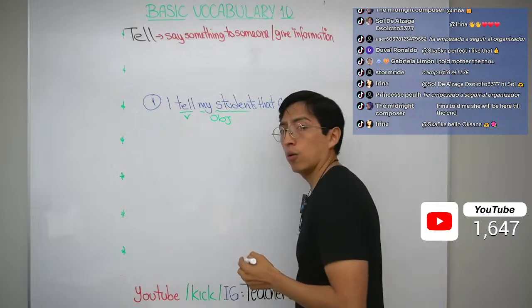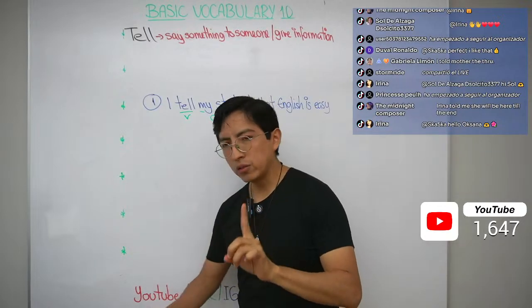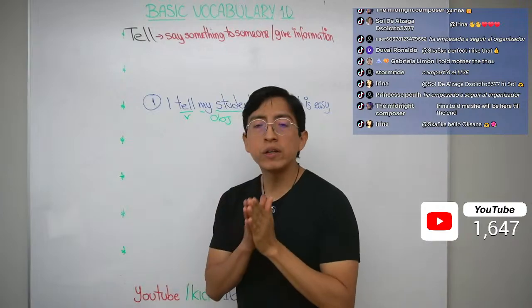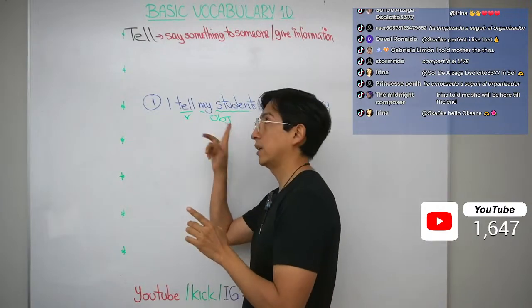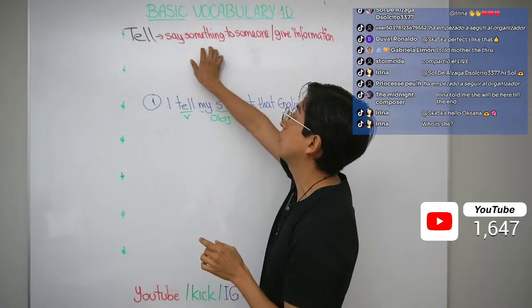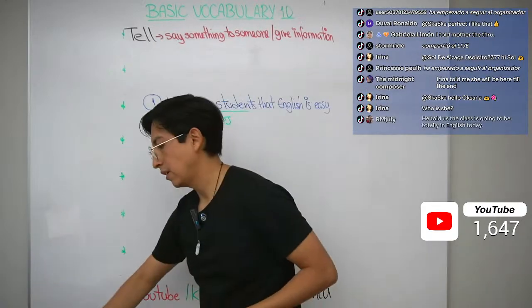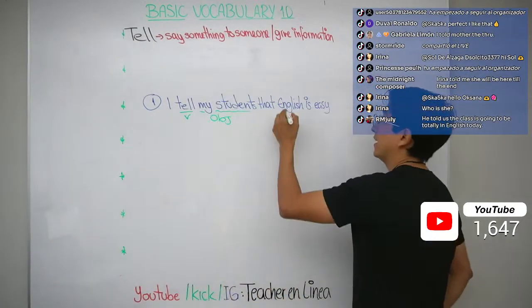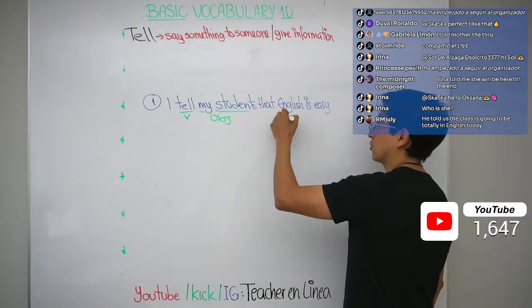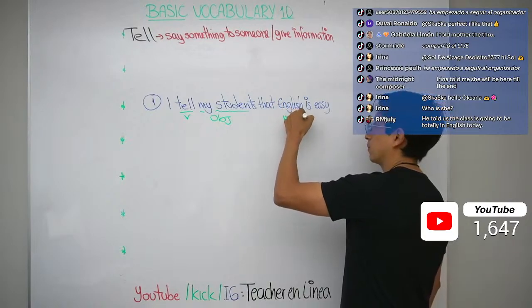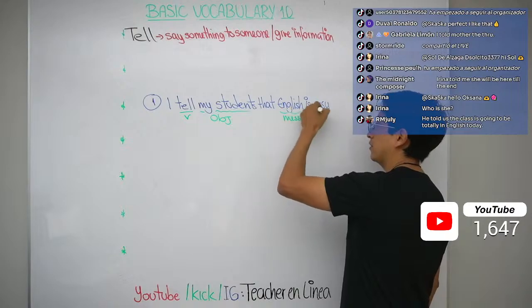So, guys, when you use tell, we always need the object. Okay, as I mentioned, you have to tell something. What is something? Here, something is English is easy. This is the message, okay? Message.